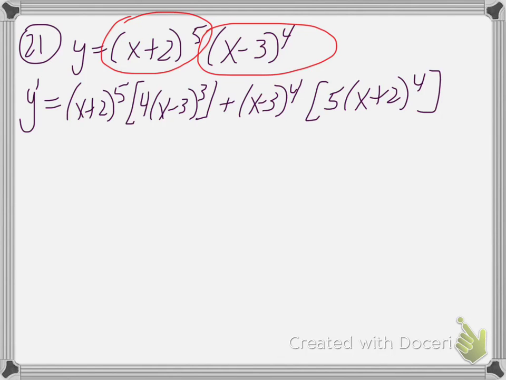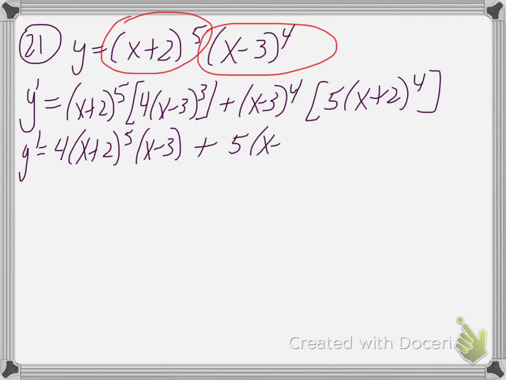Okay, so if you just simplify this a little bit, bring that 4 out to the front, and bring the 5 out to the front, you get that. And so there's no way they're going to expect for you to multiply this whole thing out, so hopefully you're going to recognize that there are things common to both terms.